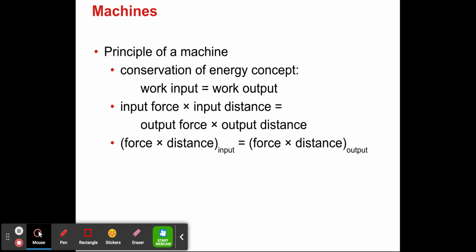So the work that is inputted into a system must be equal to the work that is taken out of that system. Now, if you remember, work is force times distance. So the input force times the input distance must be equal to the output force times the output distance. That's a simple principle here: work input equals work output.